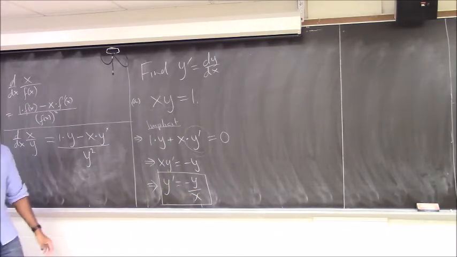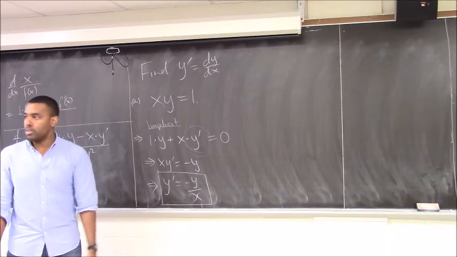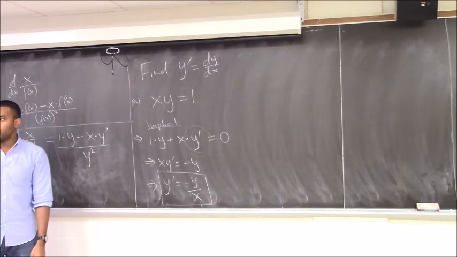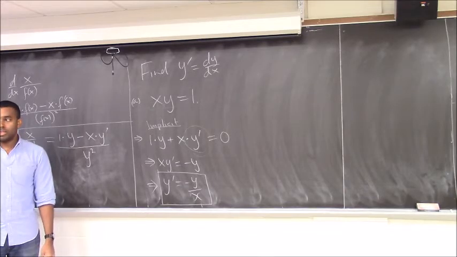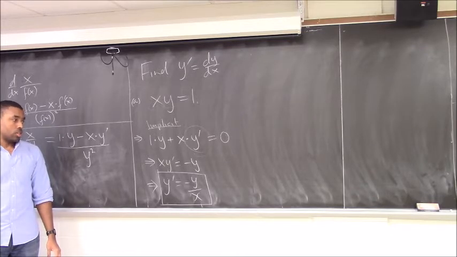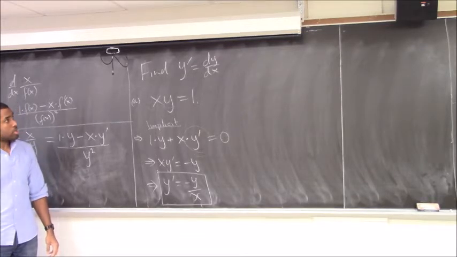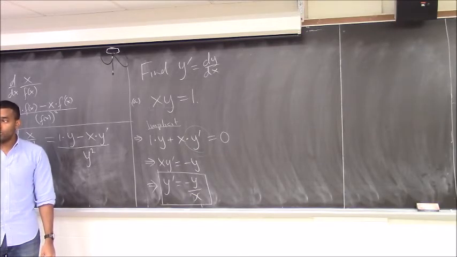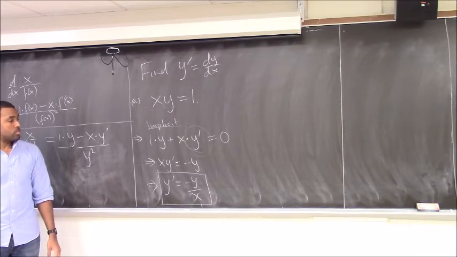Question. How do I know I could divide by x? What if x is 0? Then the derivative of your function at that point just doesn't exist. It could be like a sharp point. Is that something I have to worry about with this particular example? Can x be 0?